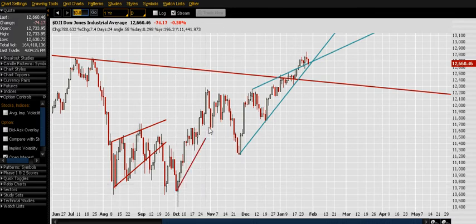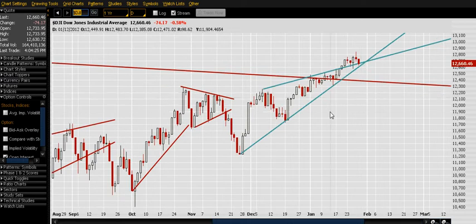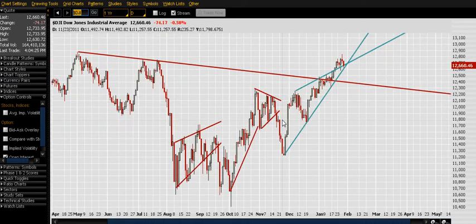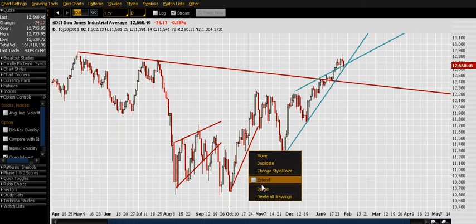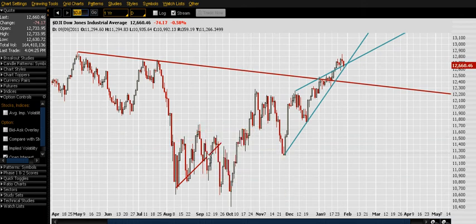This wave 3 was an impulse. And then this wave 4 was a triangle correction. And then this wave 5, starting here, is an ending diagonal. So get rid of these. I'm going to focus mostly on this last wedge that we have.